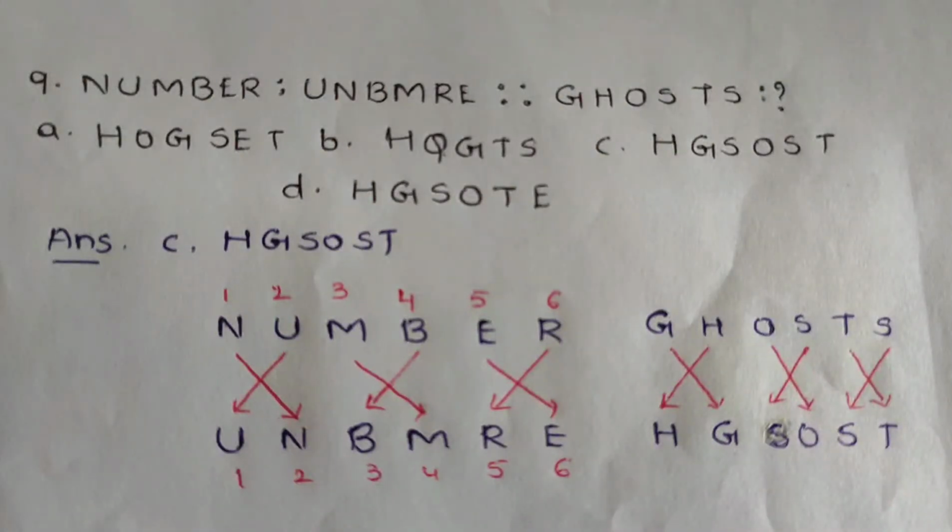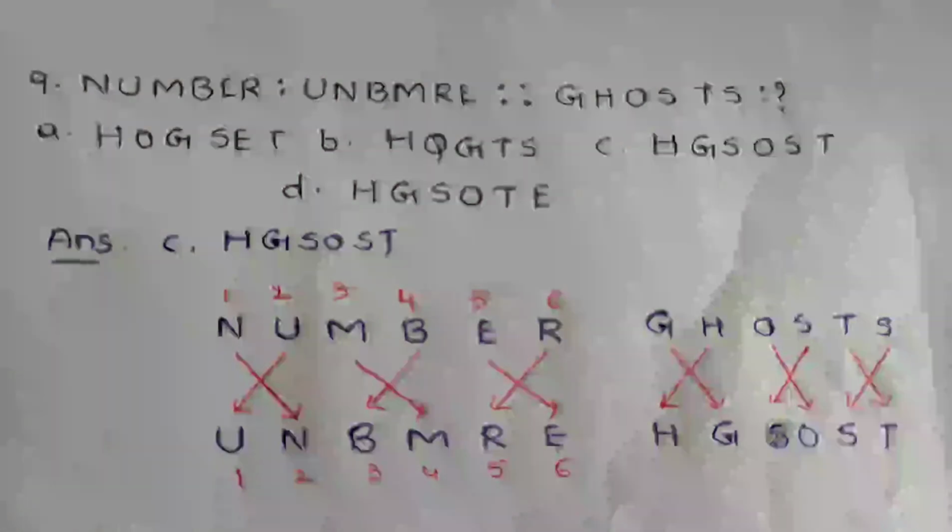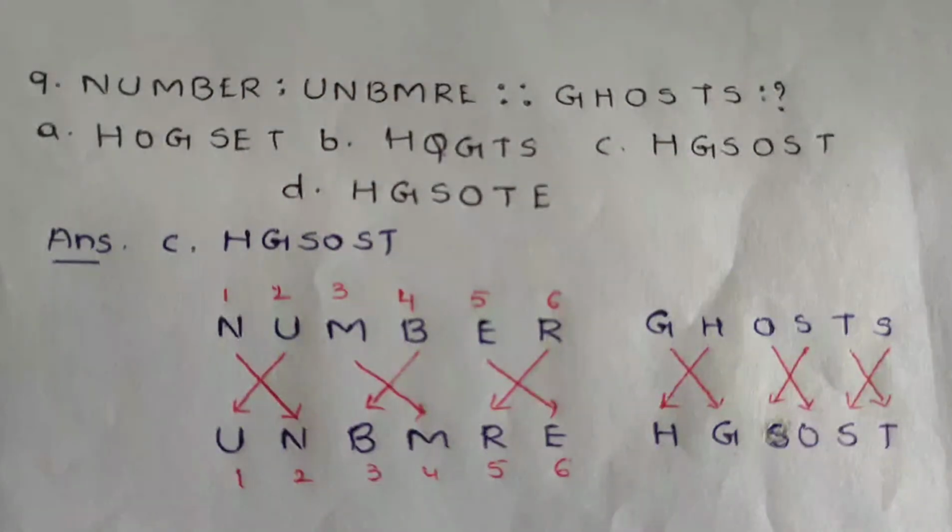And if you carefully see the second pair, the fourth letter B is written in the place of third, and the third letter M is written in the place of fourth. Similarly, in the third pair, the letter E is written in the fifth... the letter E is written in the sixth place, and the last letter, the sixth letter R, is written in the fifth place.